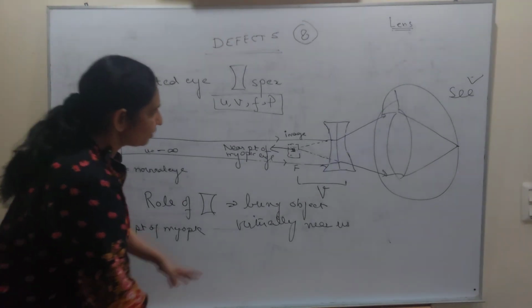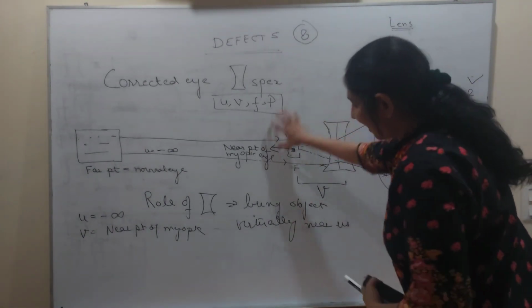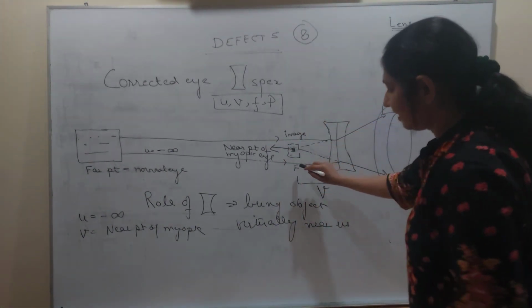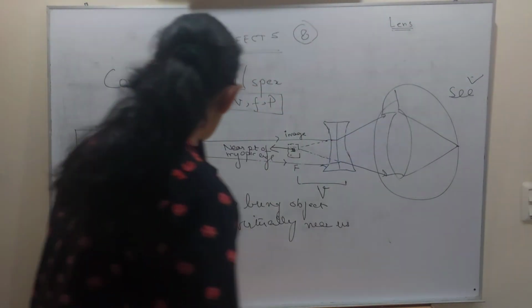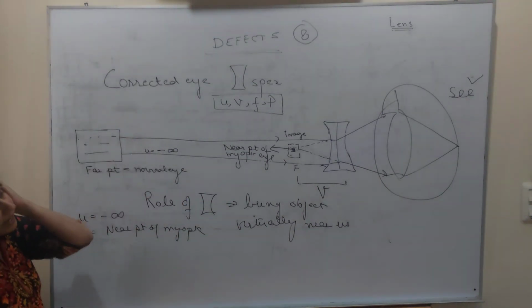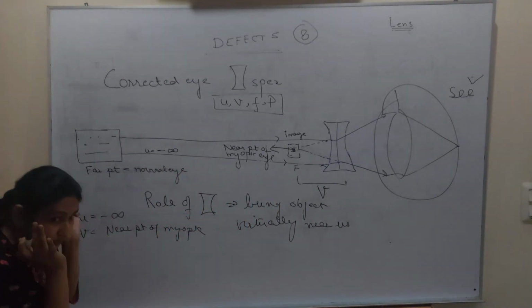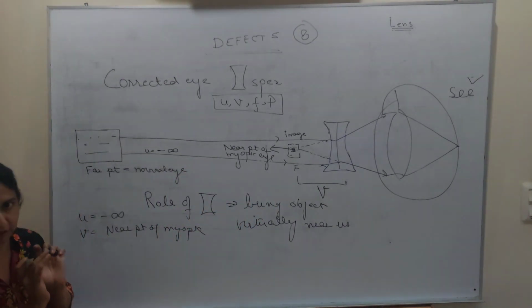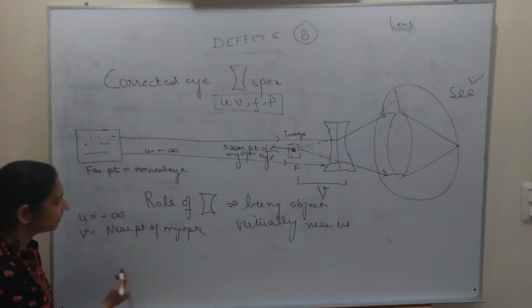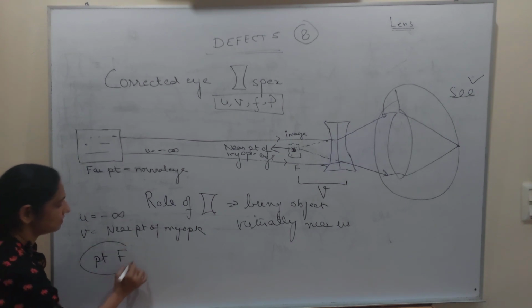Pay attention to this point. There is a lot of action at this point. This is a high action area. See what all is happening at this point. That point which is marked F, what is it?